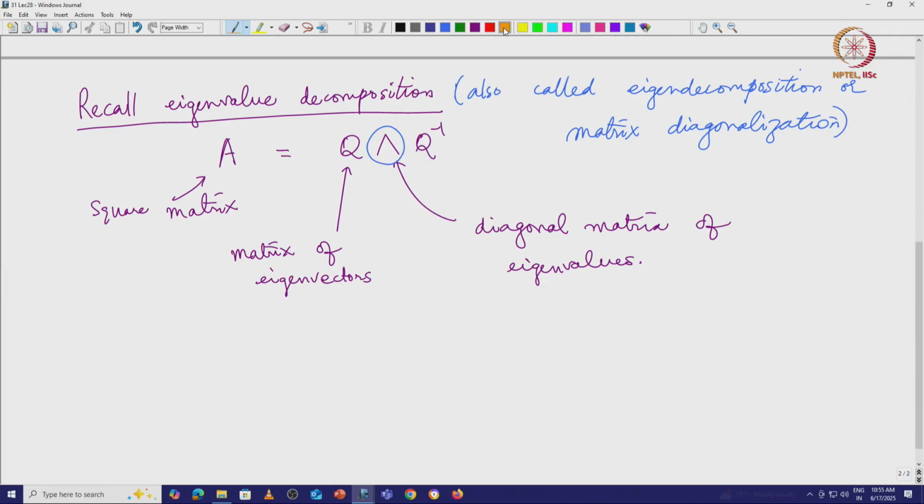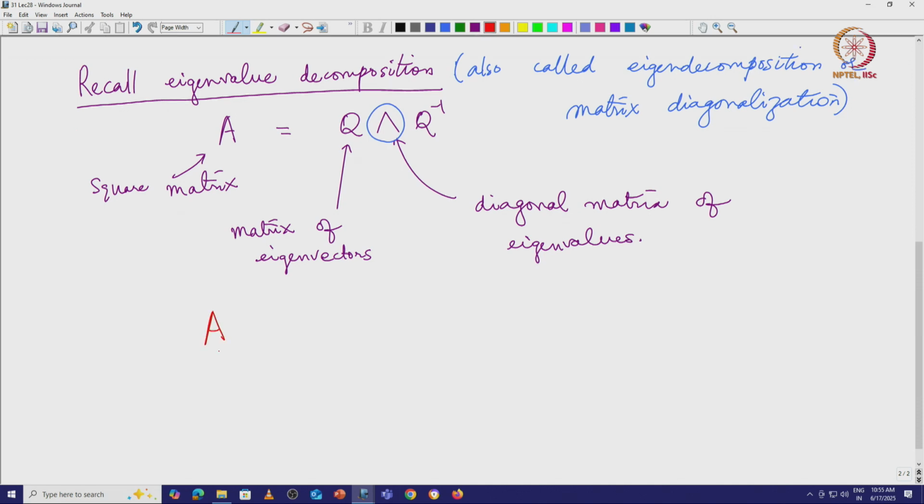You also know what is meant by the eigenvalues. The eigenvalues are defined using this equation A v equal to lambda v. These v's are called the eigenvectors and the lambdas are called the eigenvalues. And of course, A is a square matrix, so it is of size, let us say, m by m.